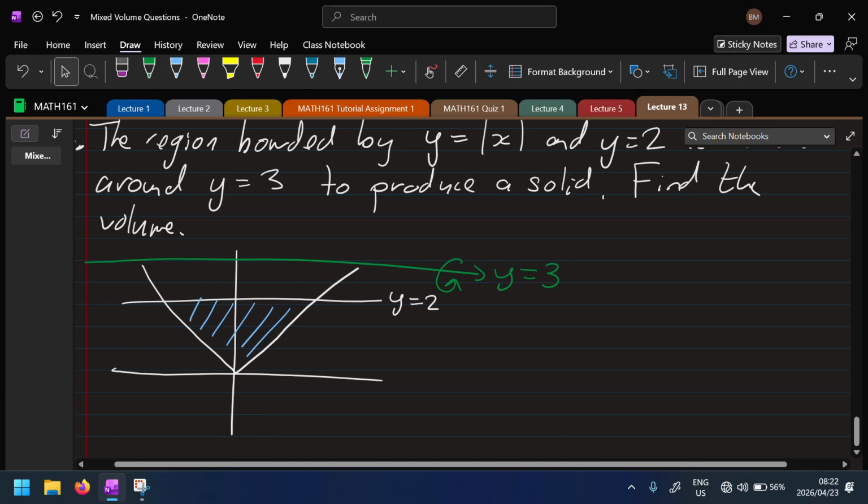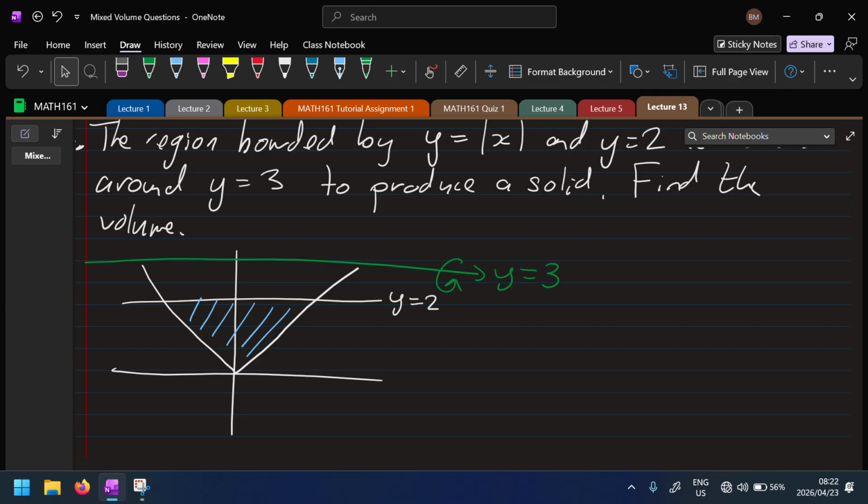Okay. Let's do the 3D sketch. It's going to be like a cone shape for this half over here going around. It's going to be a cone shape for this half, but the ends are cut off because of that gap that we've got. For the right part, it will be another cone, but it won't be a pointy cone again because of this gap here.